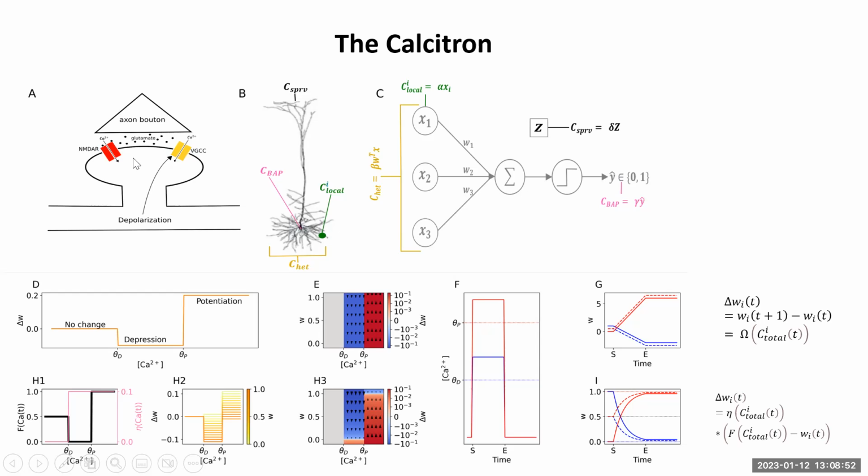Right, so this is a perspective where you can think of it as dendritic depolarization. It takes into account the dendritic depolarization aspect of the NMDA receptor activation, maybe not the local activation as much.